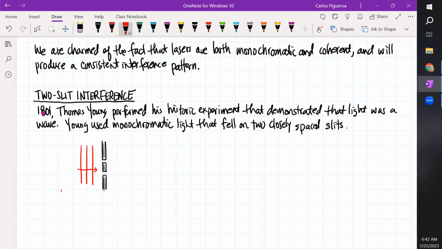Okay, so this was monochromatic. And as a consequence, when these waves came out of these slits, what you find out here is that this produced coherent light.